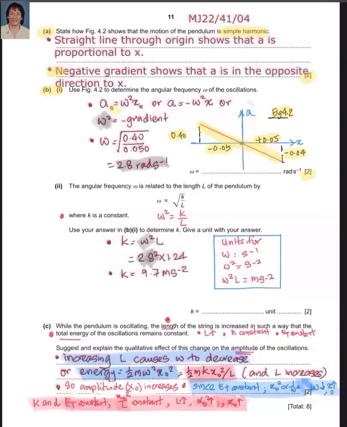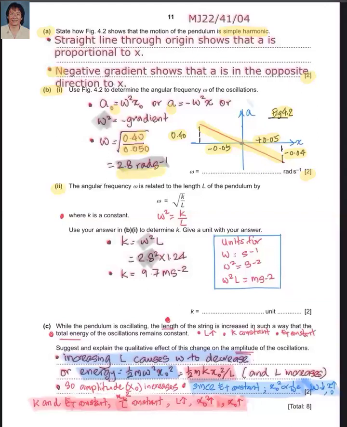Or you can put A equals to minus omega square X. Therefore, your omega square is the negative gradient for the straight line. So the gradient for the line is 0.4 divided by 0.05. So omega equals to square root of 0.4 divided by 0.05, which will give you 2.8 radian per second.